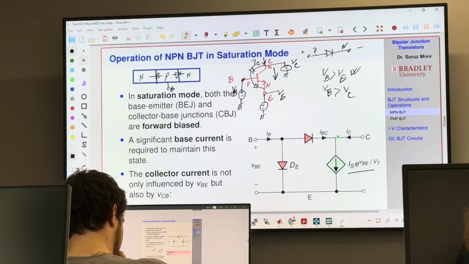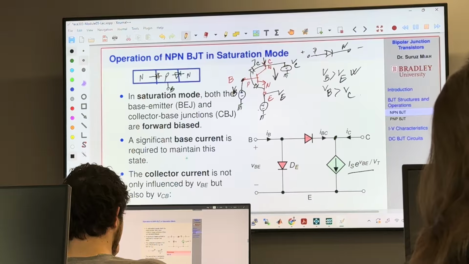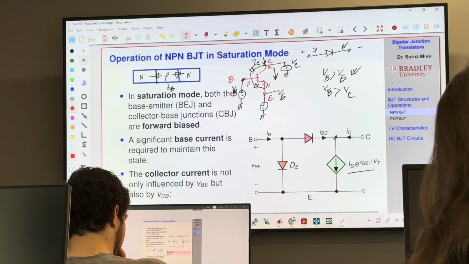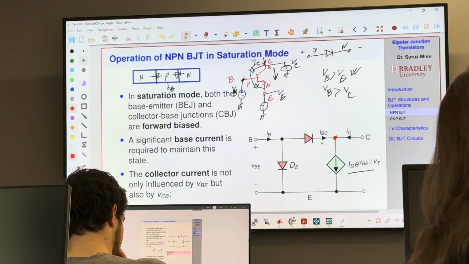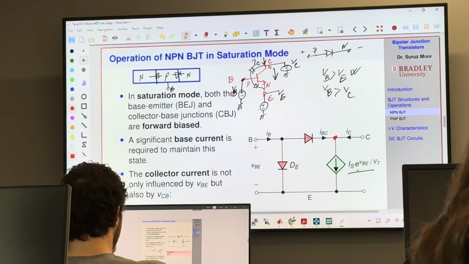Now, if you apply KCL, don't you think that this current plus this current equals this current, right?